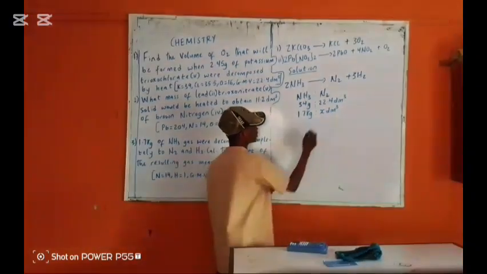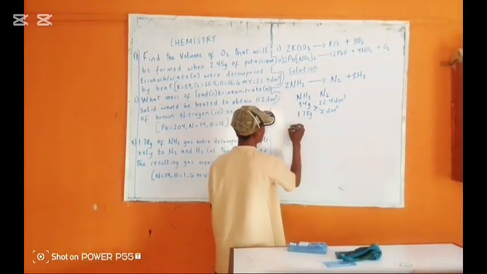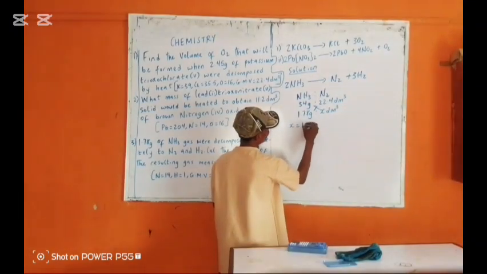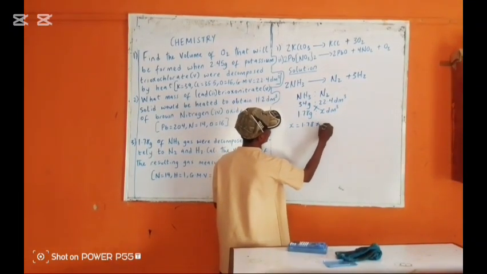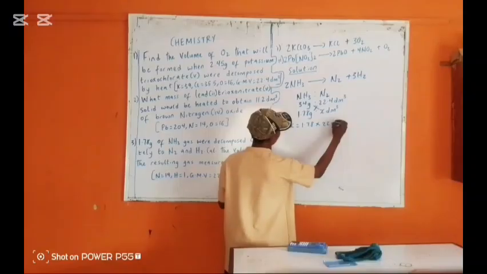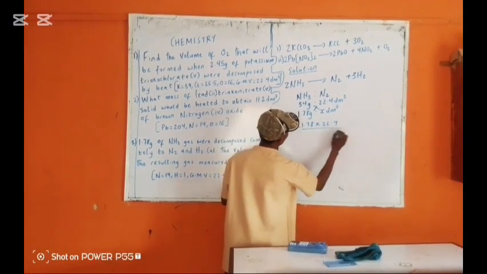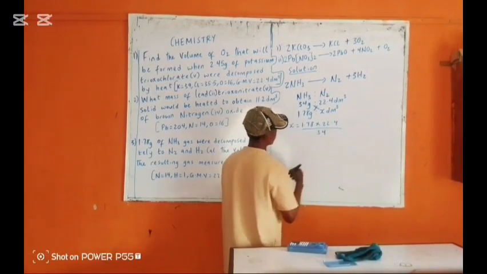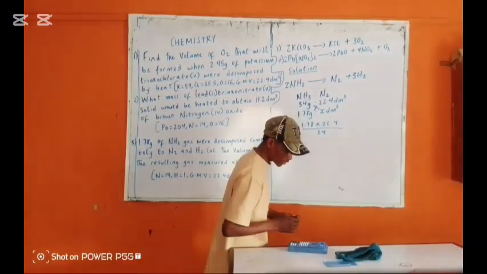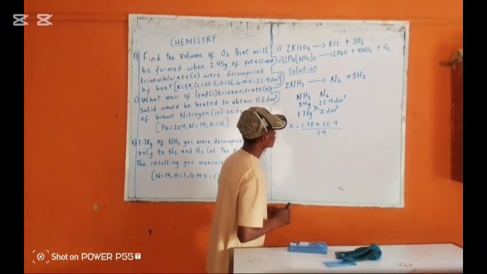So what's the next thing here? Cross multiply. So we have x equals 1.78 multiplied by 22.4 divided by 34. Our answer here is 1.17.